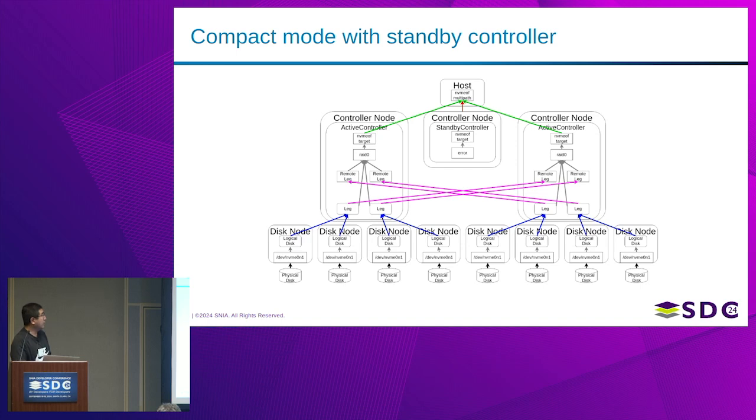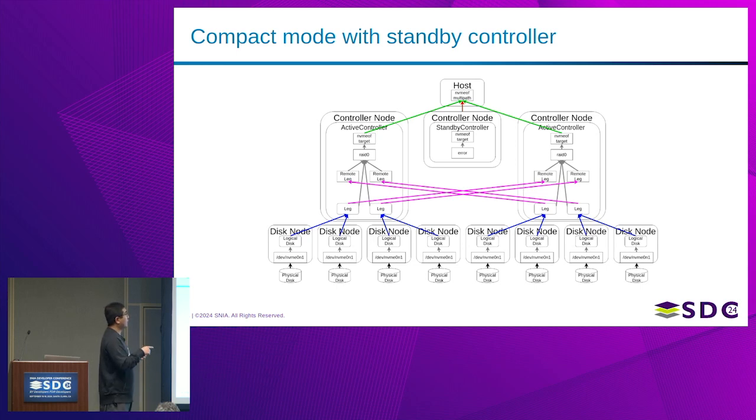Now we add the standby controller back. So a host may connect to multiple controllers. Some of them are active controllers, and some of them are standby controllers. So the host will only deliver traffic to the active controllers.